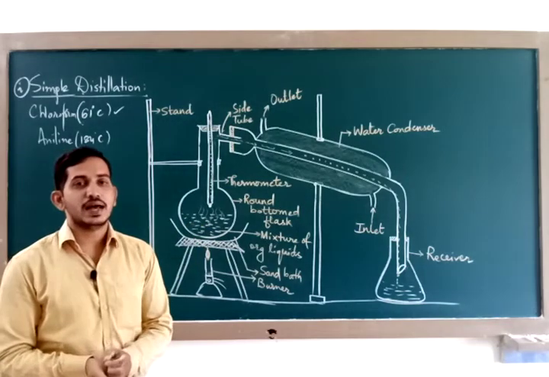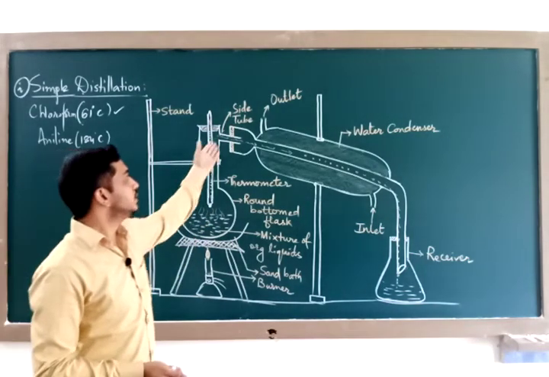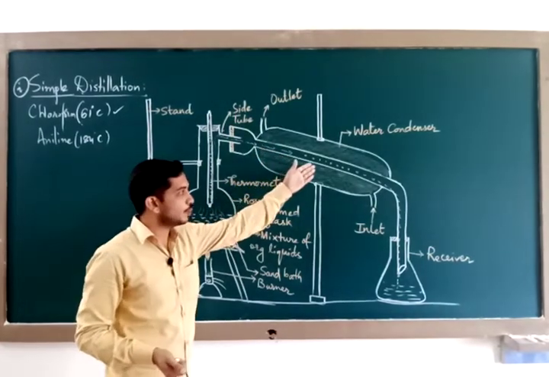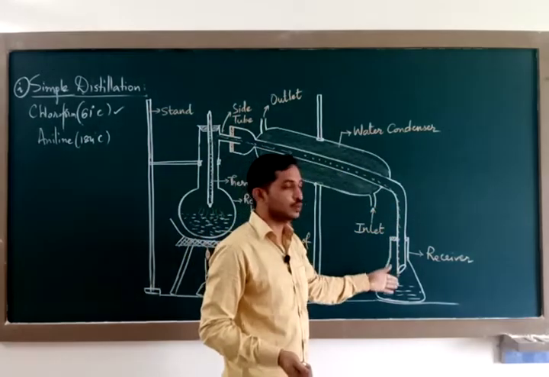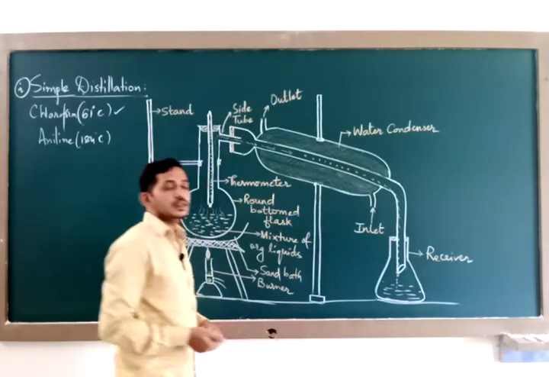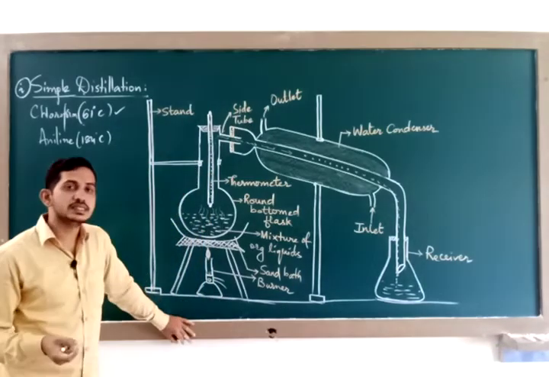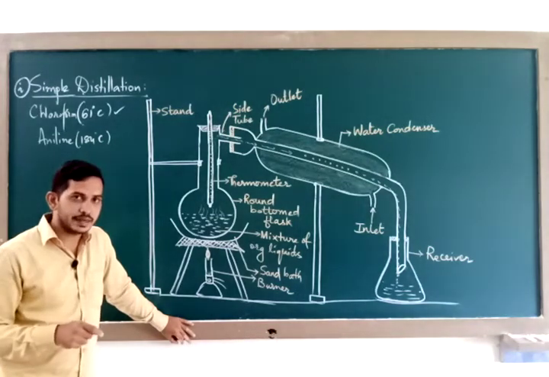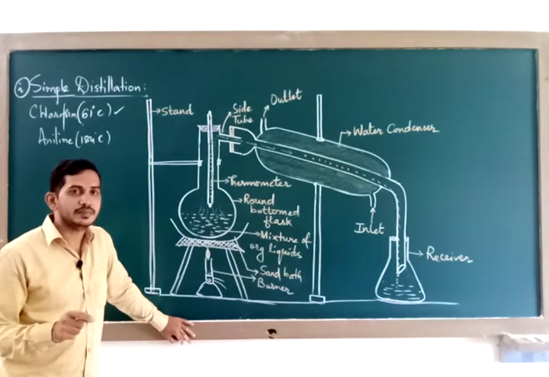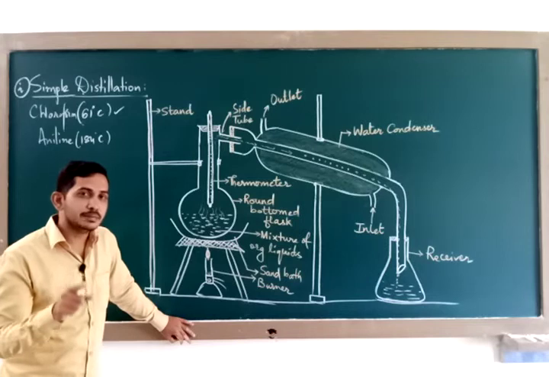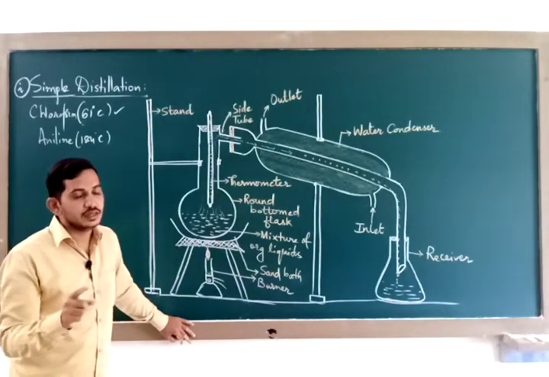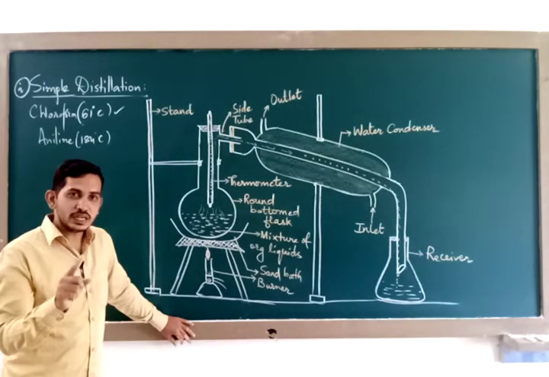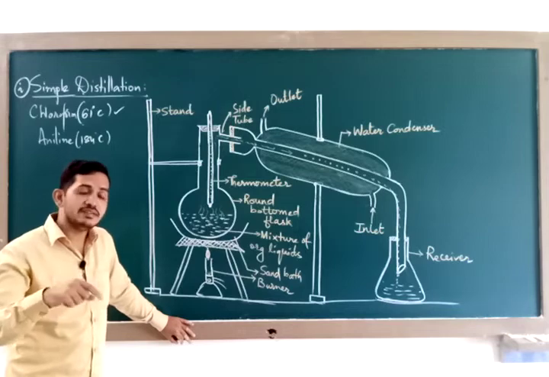The round bottomed flask has a side tube which is connected to a water condenser, the open end of which opens into a receiver. The mixture of impure organic liquids is taken in a round bottomed flask and the mixture is heated. Upon heating, which is done depending on the boiling point of the liquid, the liquid whose boiling point is low will vaporize.